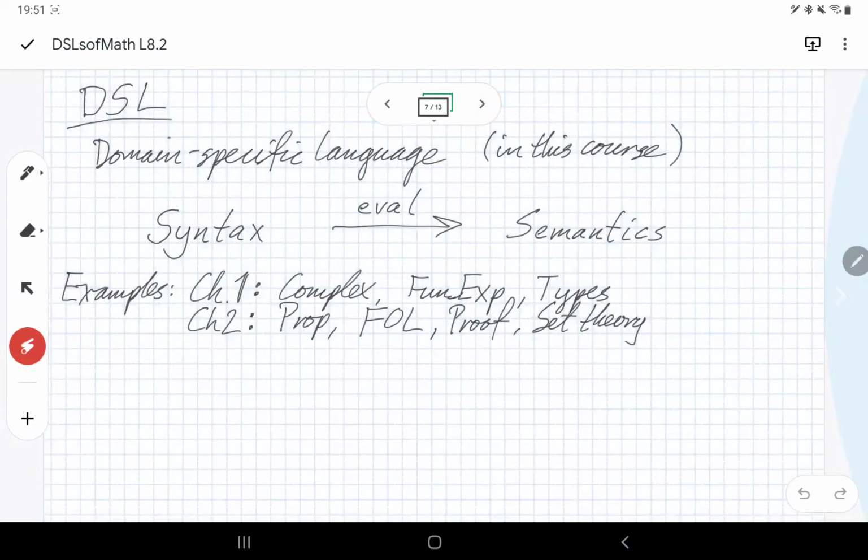In chapter 2, we talked about logic and proofs. And we started out with propositional calculus, simple proofs, things that can be evaluated to true or false, and, or, implication and so on.